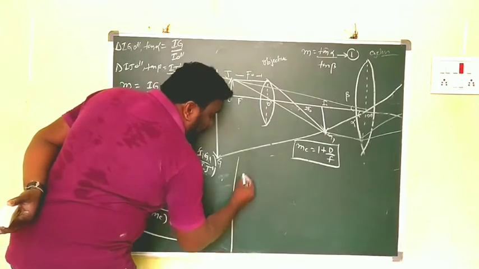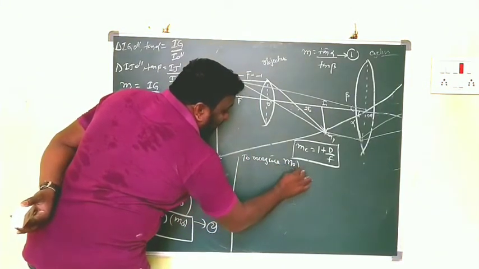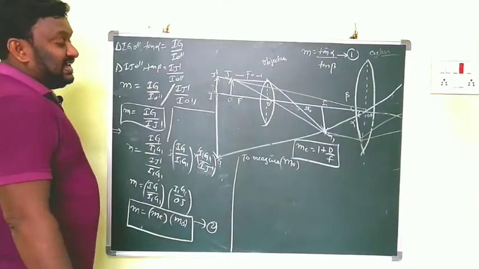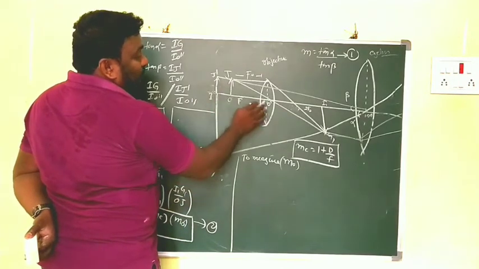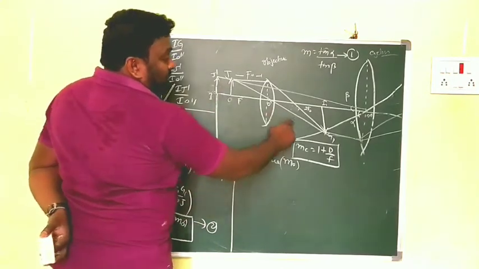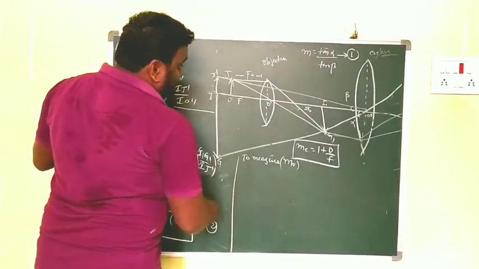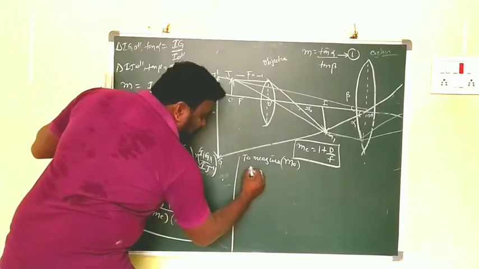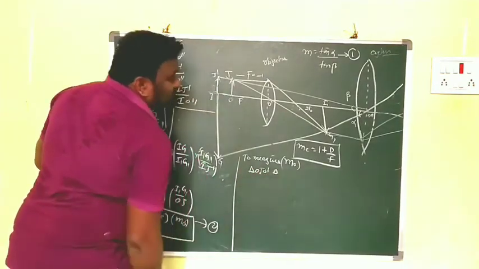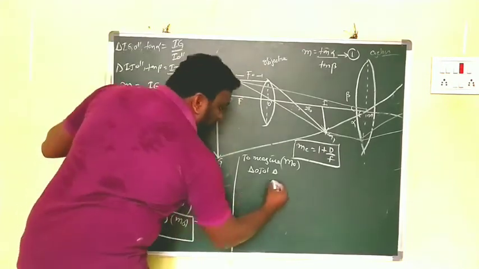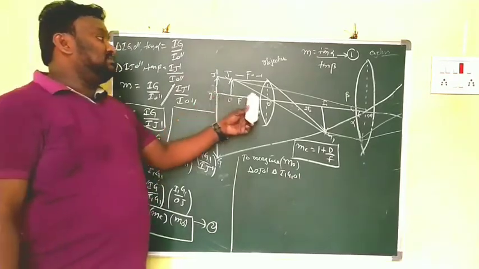To measure M O, the magnifying power of the object lens, we go for two triangles: O J O dash and I1 Z1 O dash. I am taking these two as similar triangles.